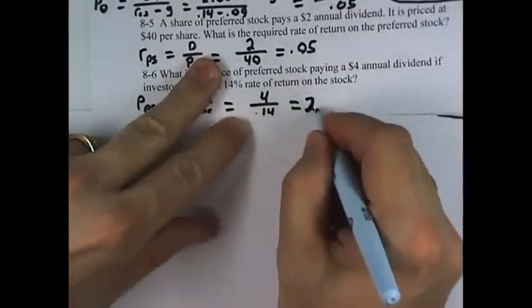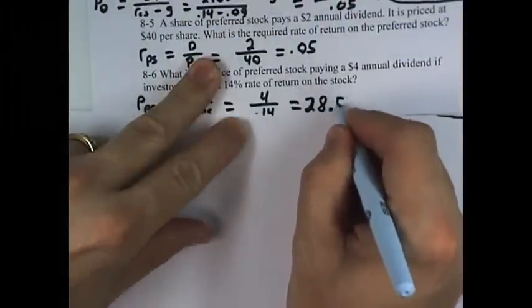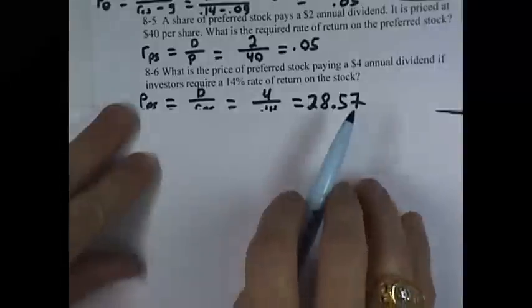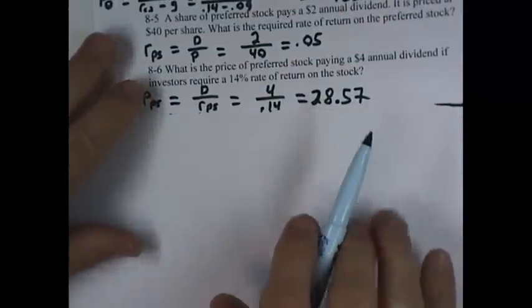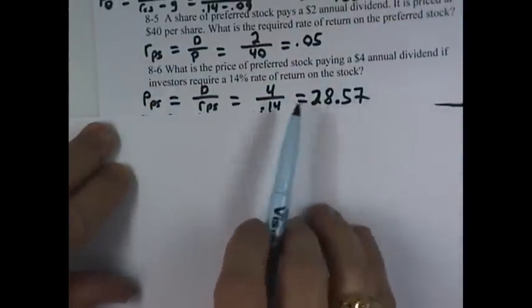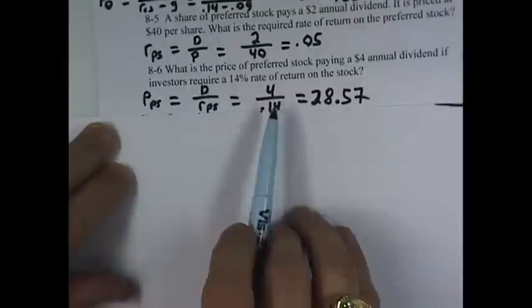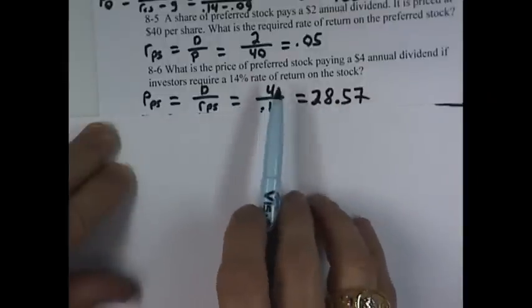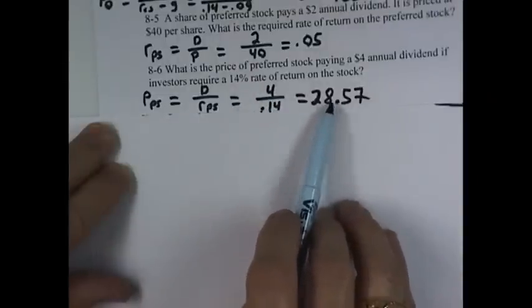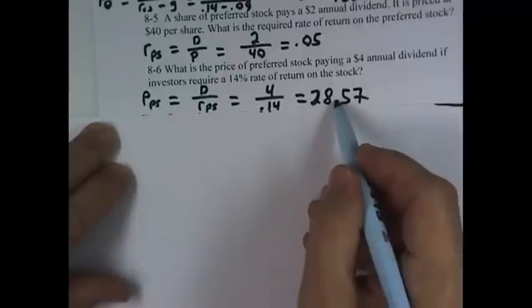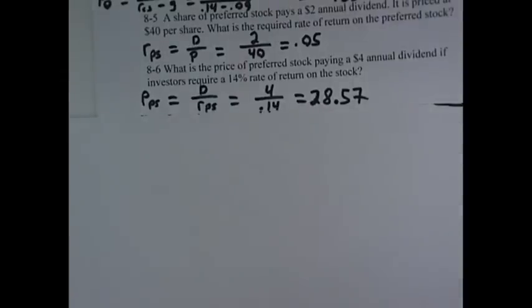That gives me a price of $28.57 on that preferred stock. If I pay $28.57, I'm requiring a 14% return on that investment, and the $4 dividend does give me a 14% return on my $28.57 investment.